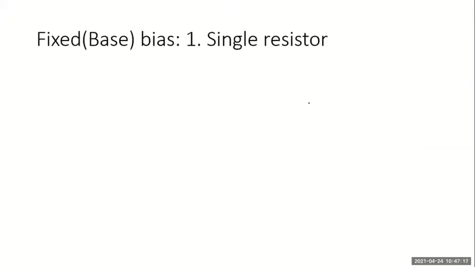Before just coming here, please note down, if temperature changes, the first thing which changes is VBE. The base emitter depletion potential, which was supposed to be 0.6 or 0.7 volts for silicon.